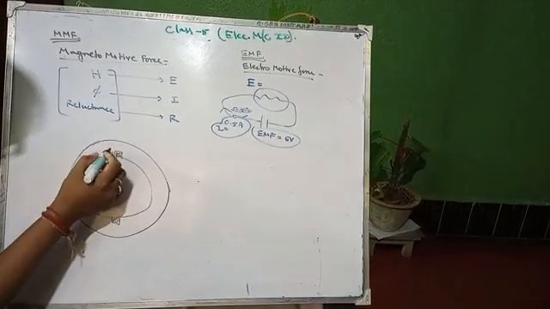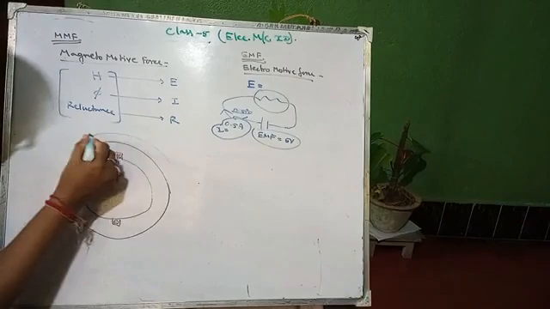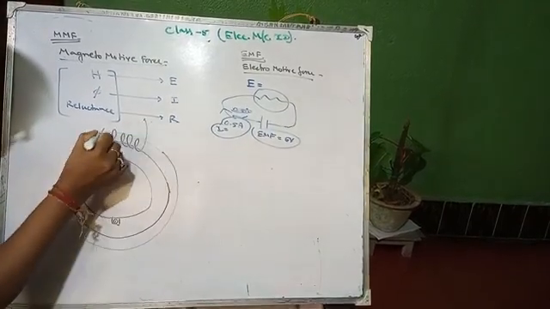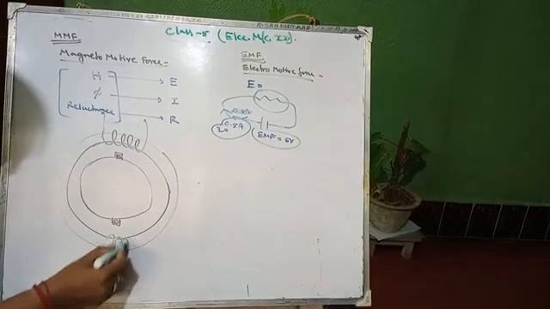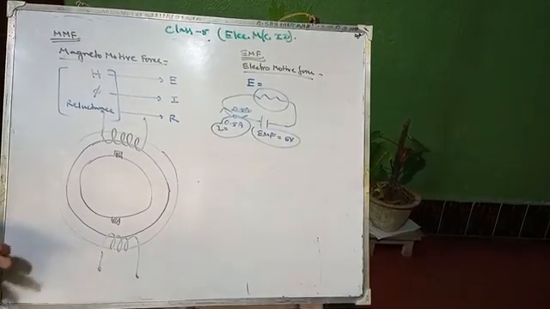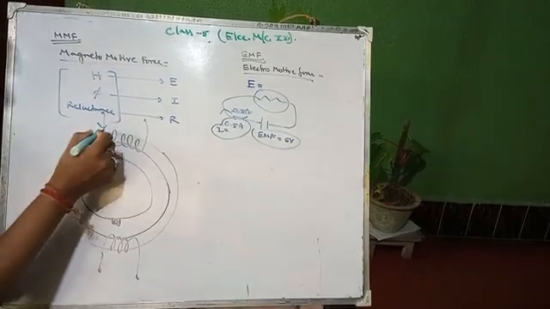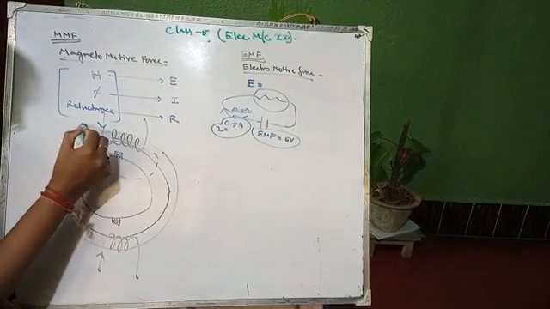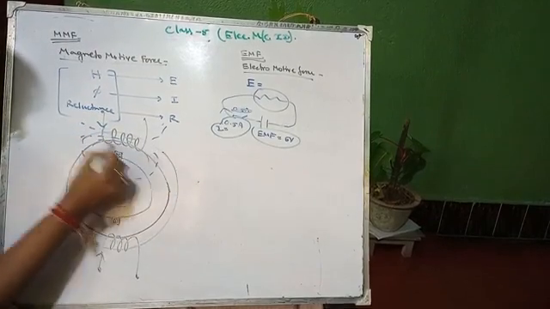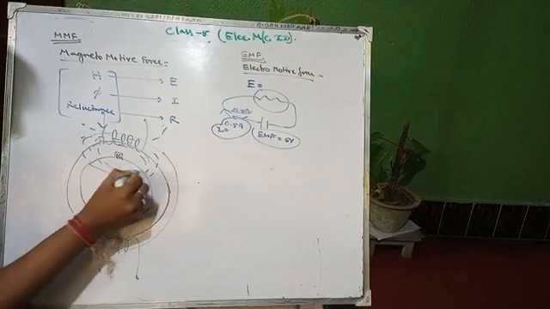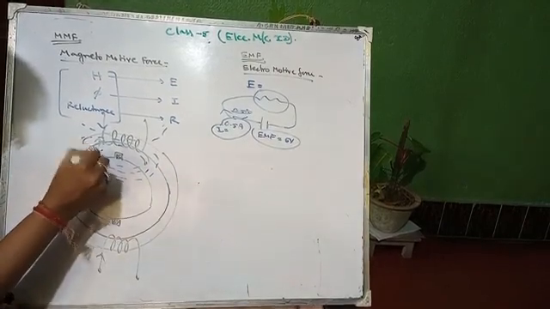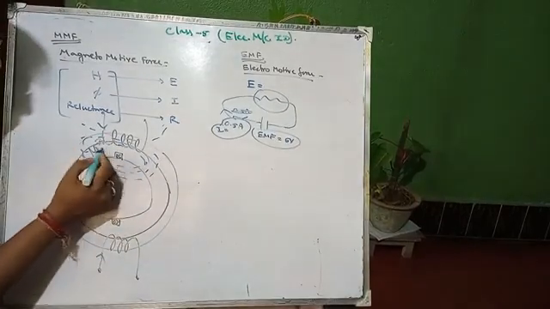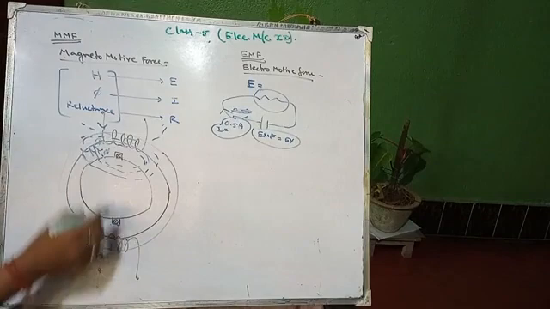This is the stator part, suppose this is the stator winding. When a current flows over here, a magnetic flux will be generated. This generation of the flux phi is due to this MMF H.